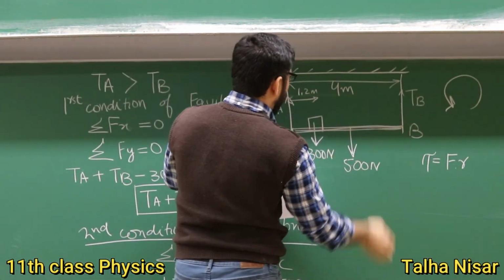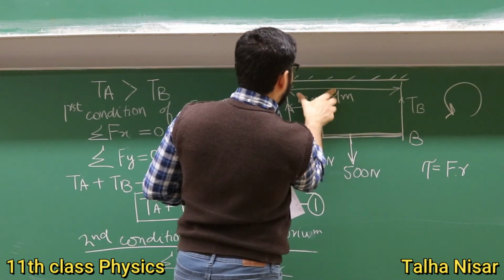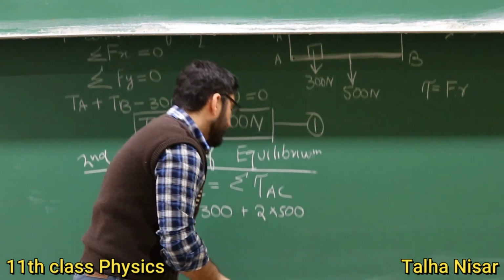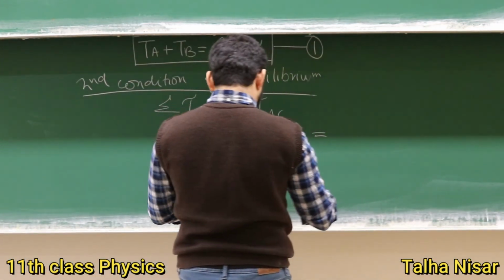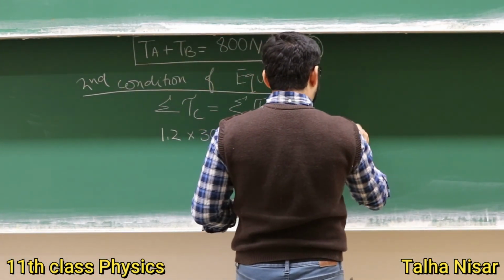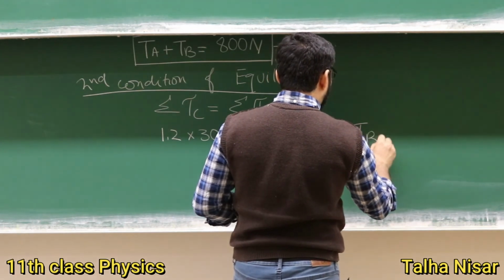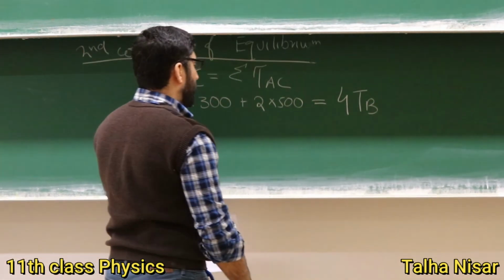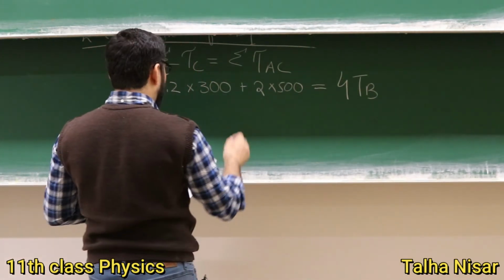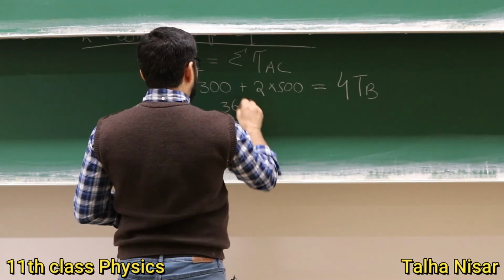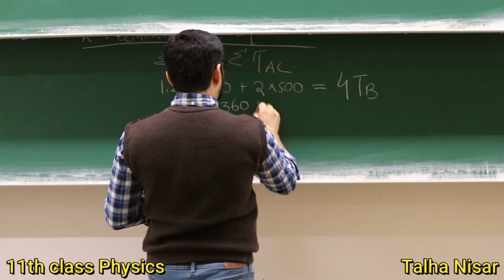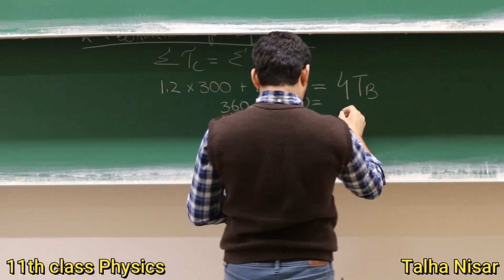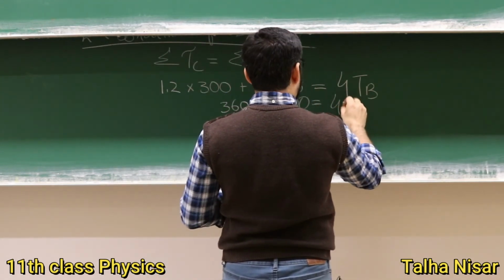Because this is the middle point: 4 is the total, but 2 is the midpoint. This is equal to 4 TB, where 4 is the total distance and TB is the force. So we have the clockwise and anti-clockwise torque: 360 plus 1000 equals 4 TB.